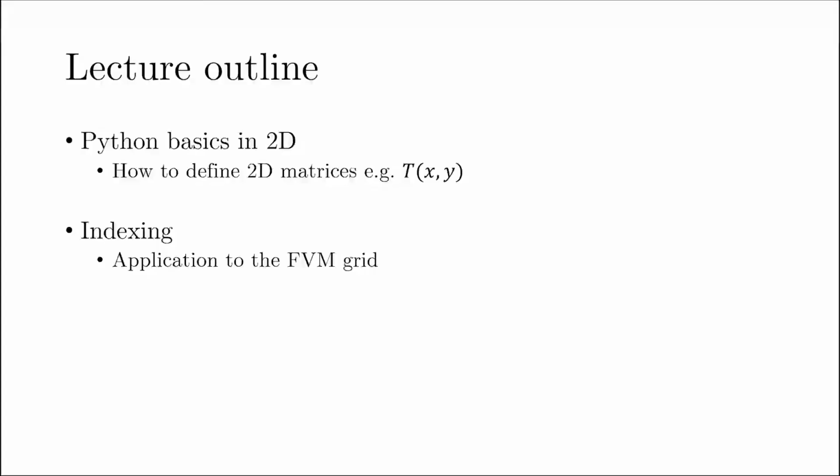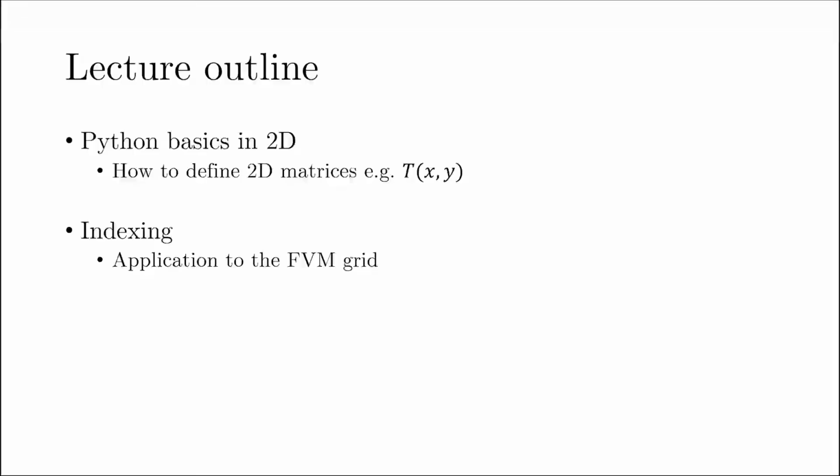So in the lecture today, we are going to look at the Python basics in 2D, and specifically how to define 2D matrices. Because the temperature field, or whatever variable you are thinking of in two dimensions, is going to be a 2D matrix. We are going to look at how we can define those kinds of variables in Python, and subsequently the kind of operations that we are going to perform on them.